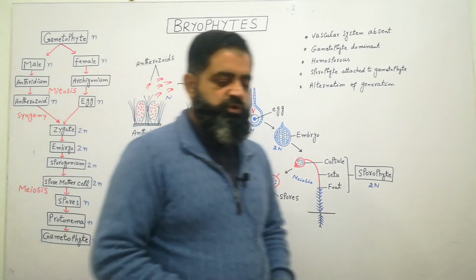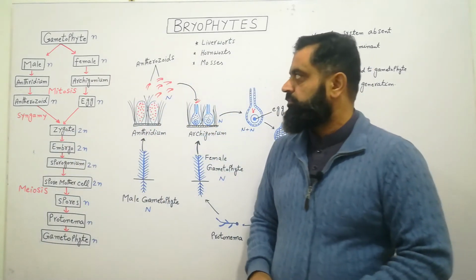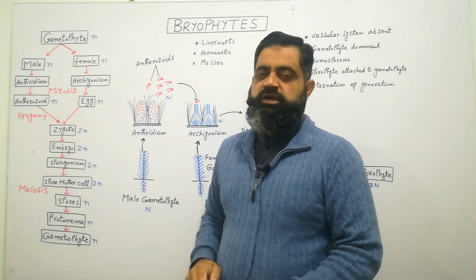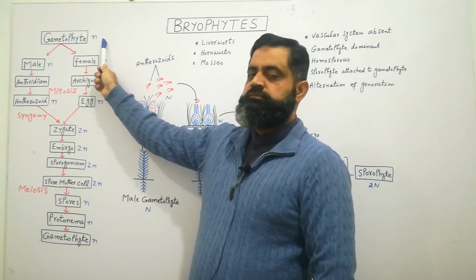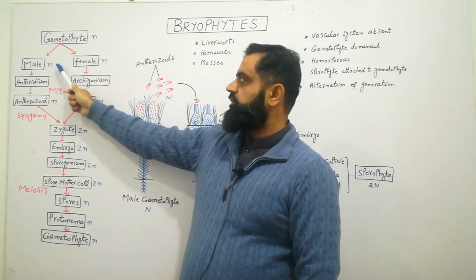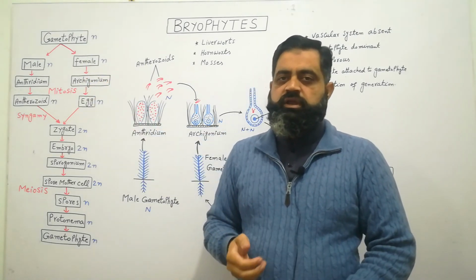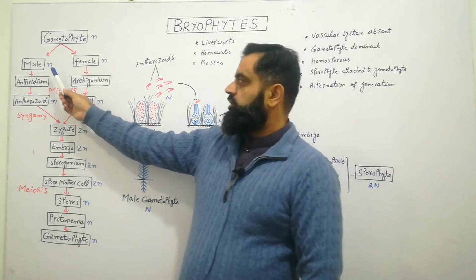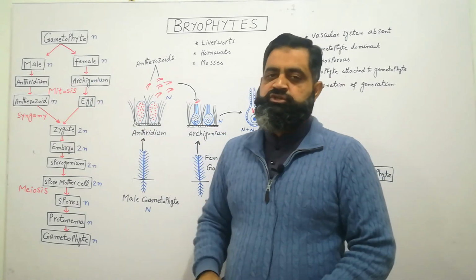Now we are going to look at the summary of this life cycle of bryophytes. First of all, gametophyte. As you know, gametophytes are haploid. There are two types of gametophyte, male gametophyte and female gametophyte. The male gametophyte is haploid and the female gametophyte is also haploid. The male gametophyte produces antheridium while the female gametophyte produces archegonium.